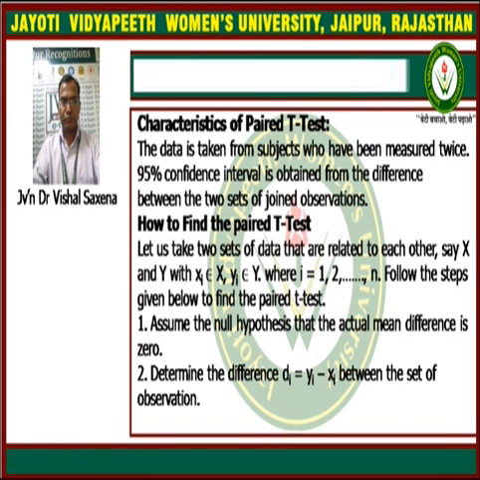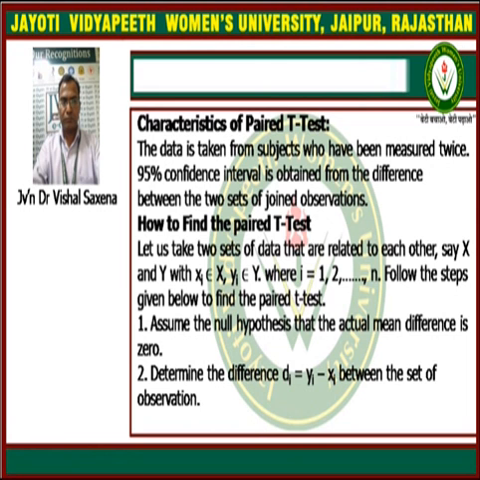Now, how to perform the paired t-test. Here is the step-by-step procedure for how to apply it. Let us take two sets of data that are related to each other.